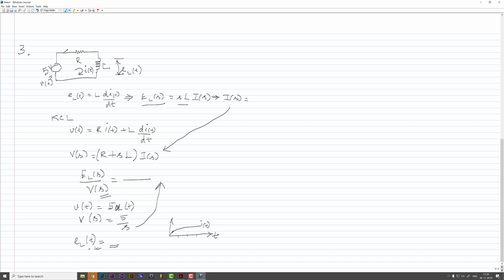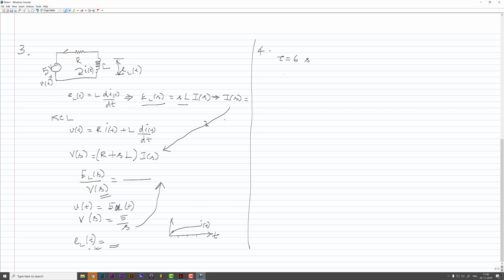Okay, that's it. And the fourth problem, tau is given, that is 6 seconds, and the initial values and final values are given.